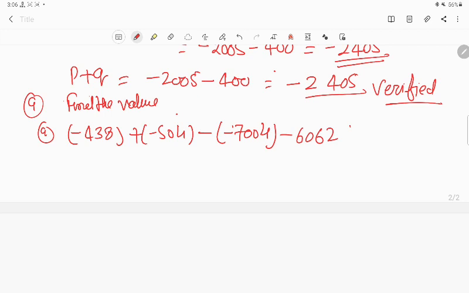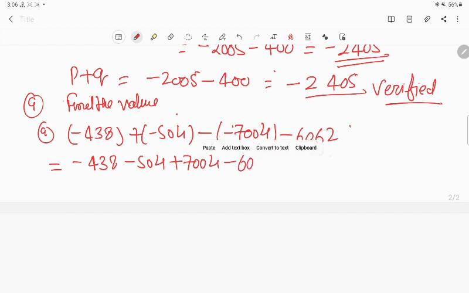Simplify this, that is minus 438 minus 504 plus 7004 minus 6062.